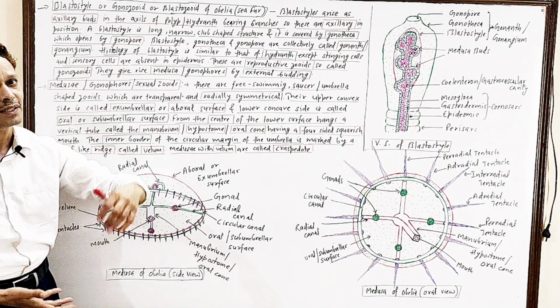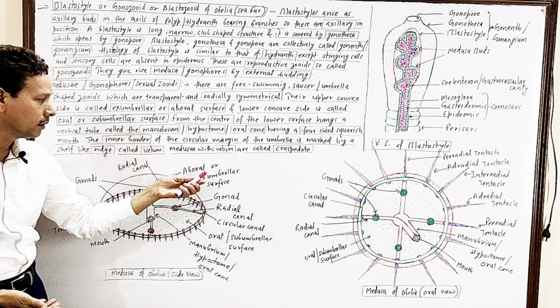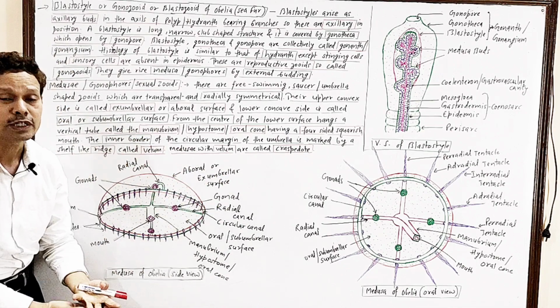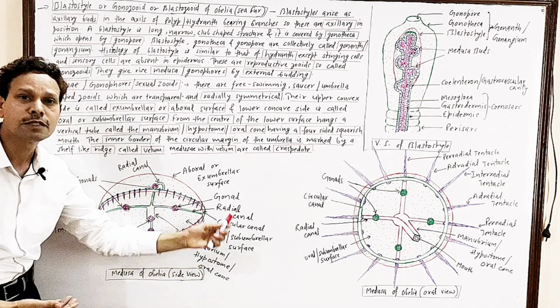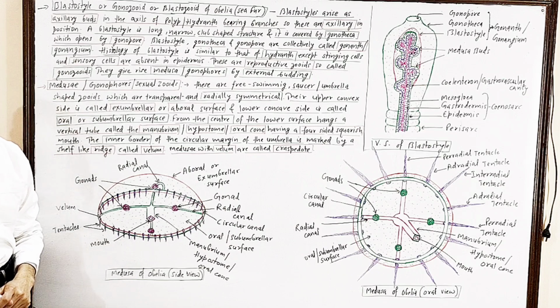Dear students, the umbrella's upper convex surface is aboral, ex-umbellar, and the lower concave surface in which the mouth is present is the oral, subumbellar surface.